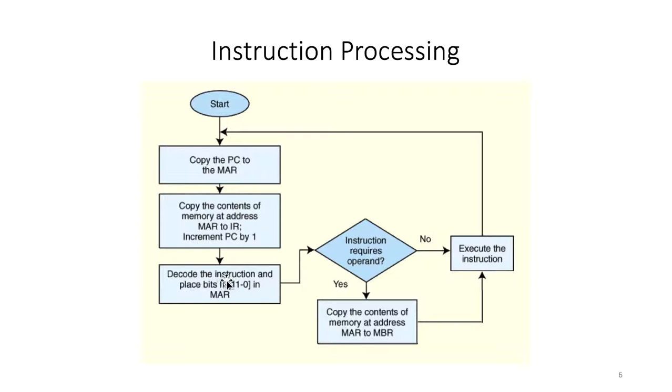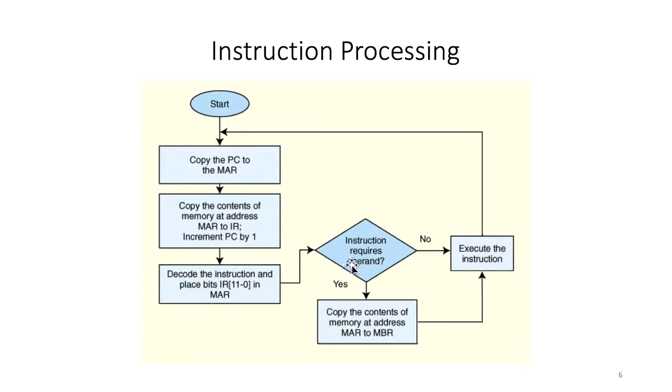Then we decode the instruction and place the bits of the IR from 0 to 11 in the memory address register, and then we check if the instruction requires an operand or not.